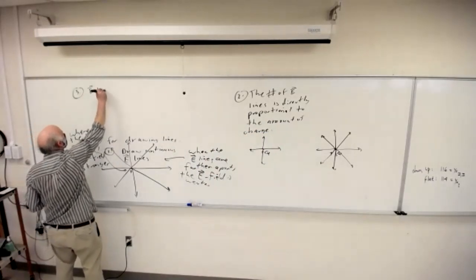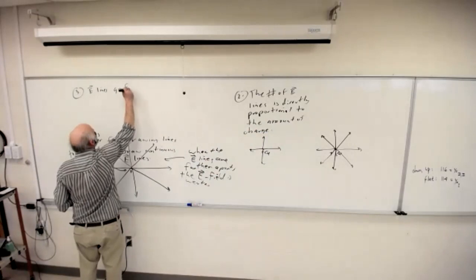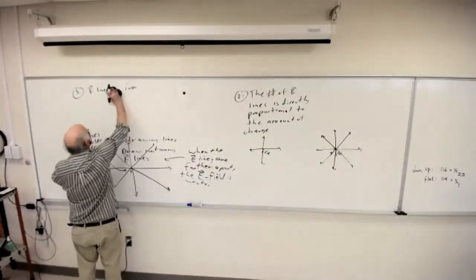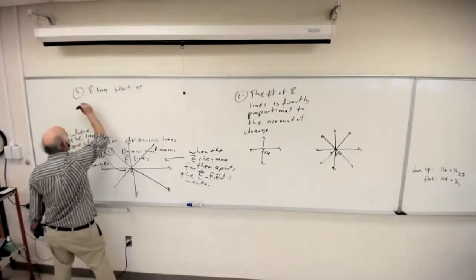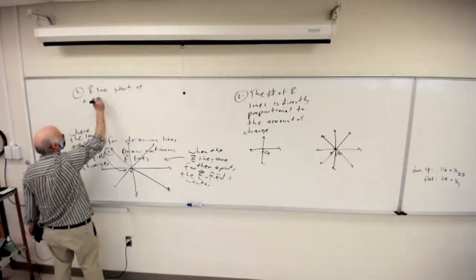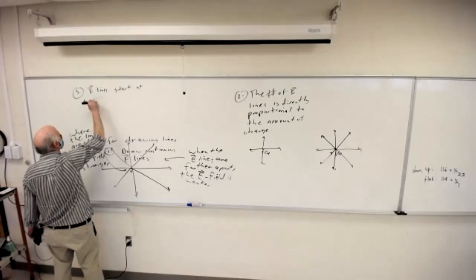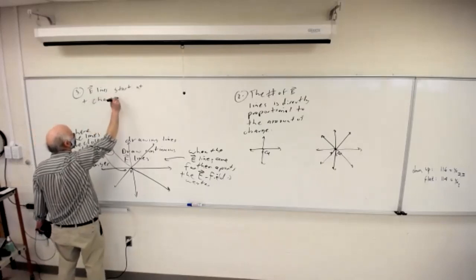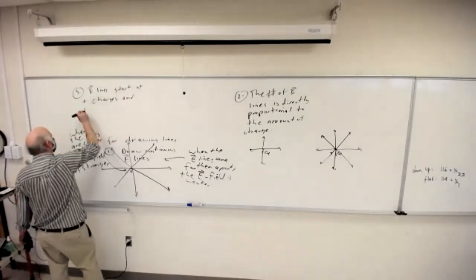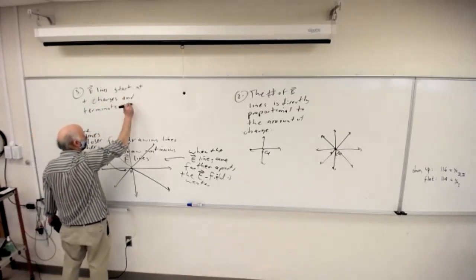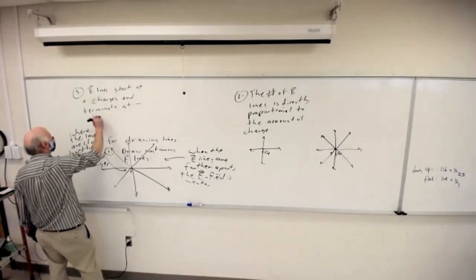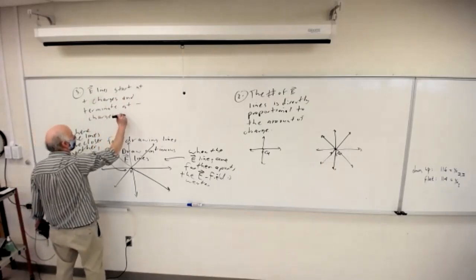E lines start at positive charges and terminate at negative charges or infinity.